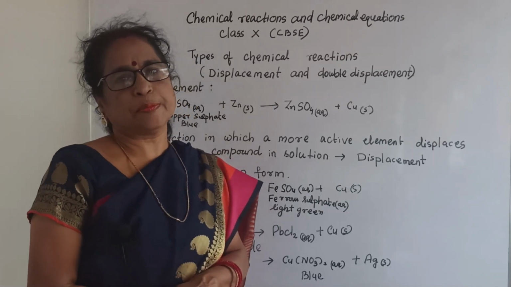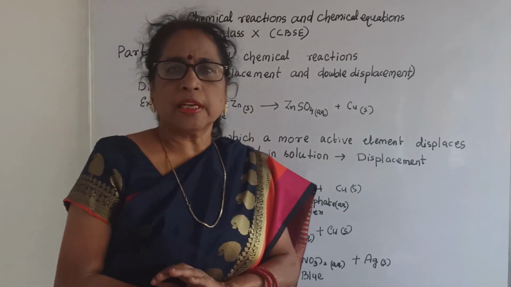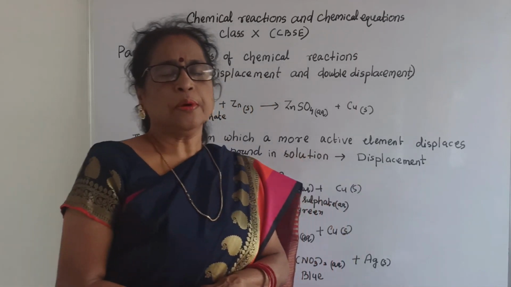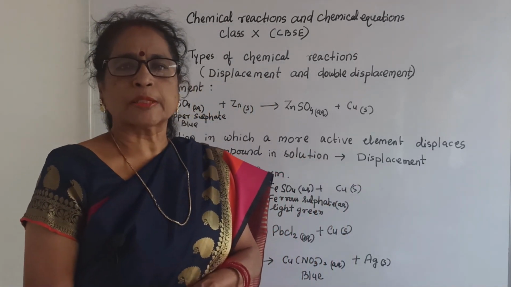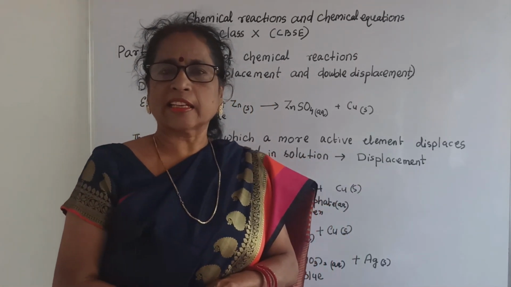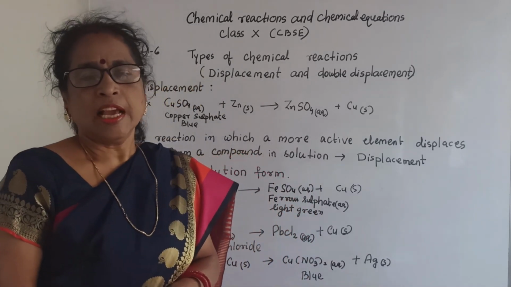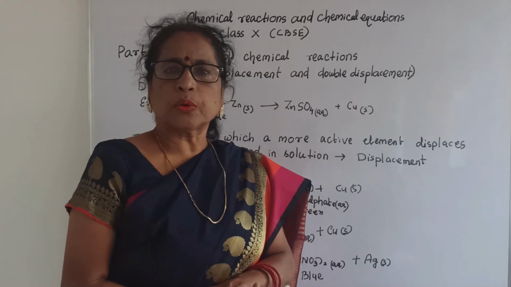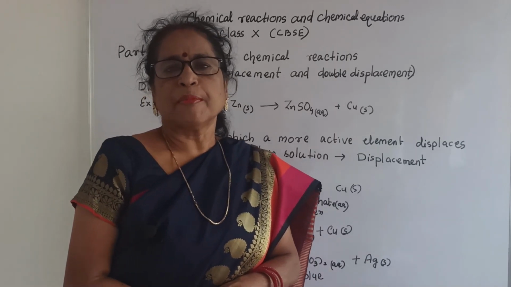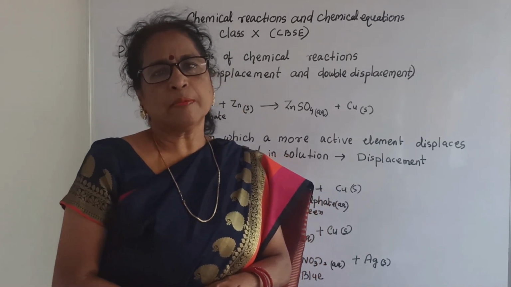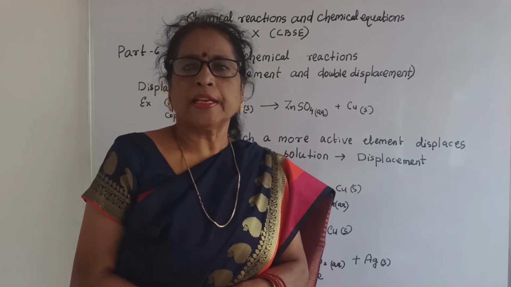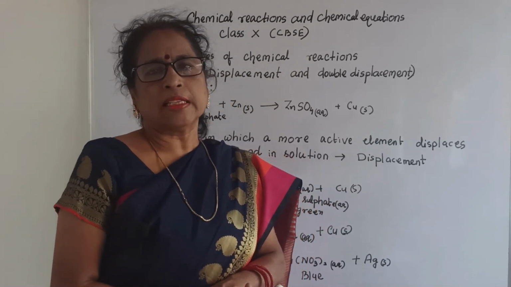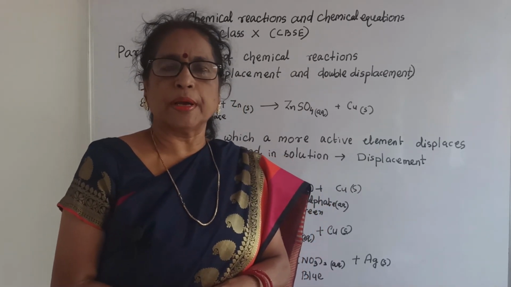Today's topic is the types of chemical reaction, that is displacement and double displacement reaction. Before that, in my previous videos, in part 1, I explained the chemical reaction and its characteristics. In part 2, how to write formulas in a chemical equation. In part 3, unbalanced and balanced equations and how to balance.